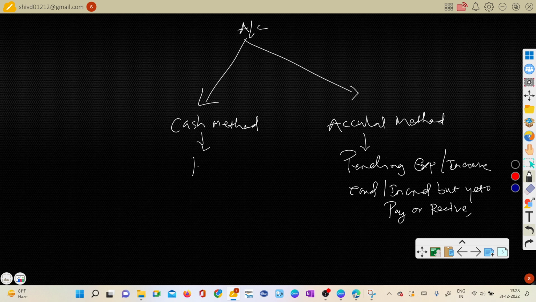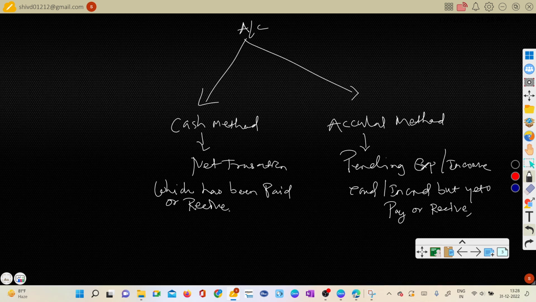Cash means net transactions which have been paid or received. Right?